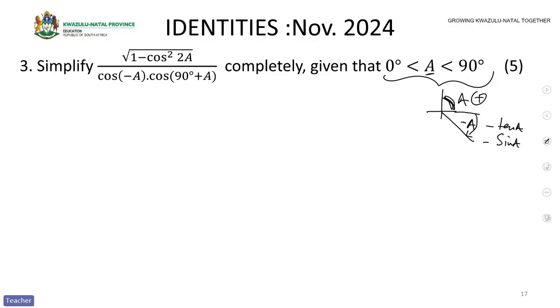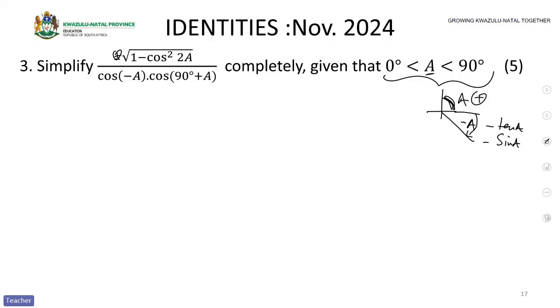If we understand very well what we're talking about, with these identities, immediately a learner will recognize the square root of 1 minus cos squared 2a. Since here it's already positive, it's not plus or minus because it was given as positive. So please don't make that mistake.